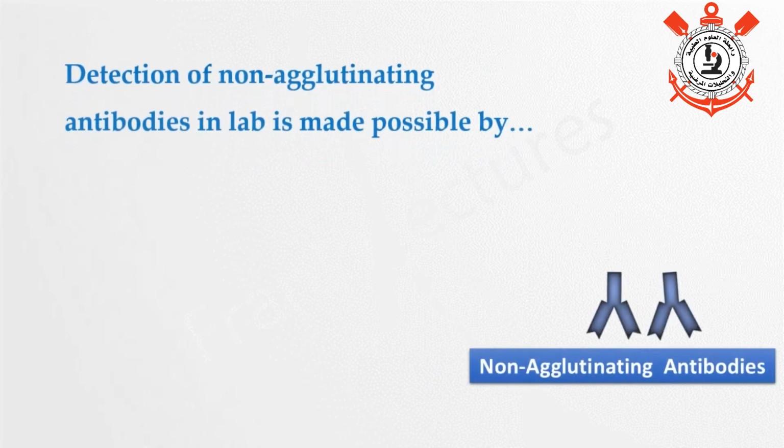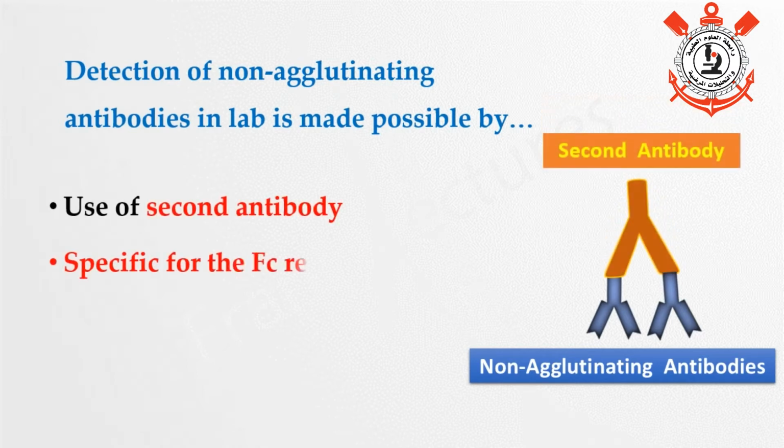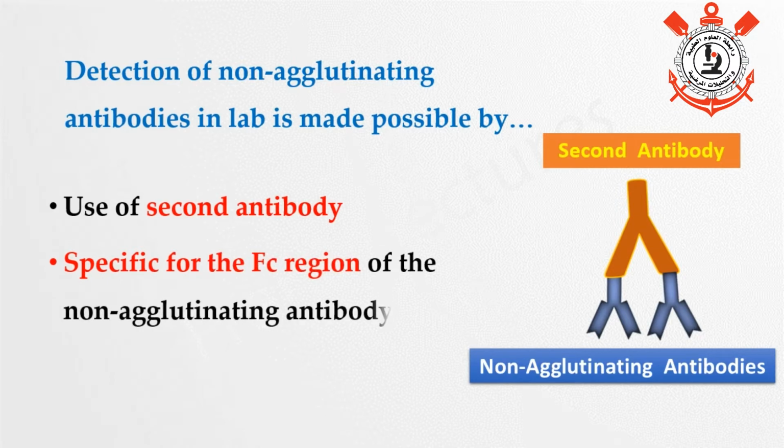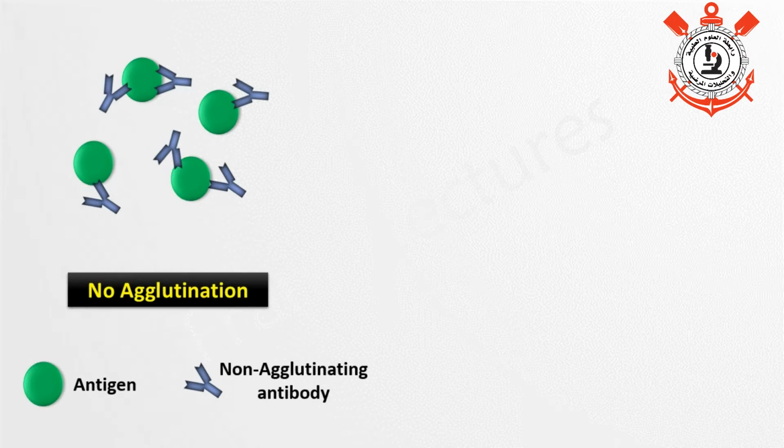Detection of non-agglutinating antibody in lab is made possible by using a second antibody. This second antibody is specific for the Fc regions of non-agglutinating antibodies. Let's understand this by illustration. Suppose these are antigens to which non-agglutinating antibodies are bound.